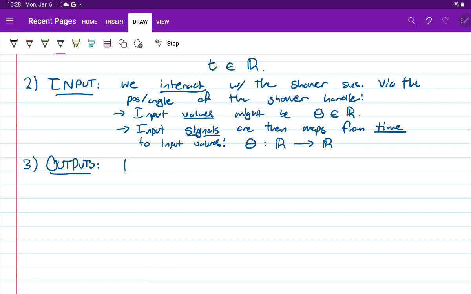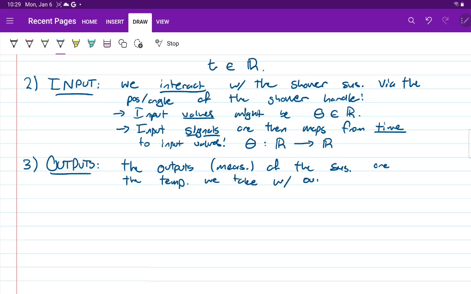All right, so the outputs, aka measurements of the system, are the temperatures we take with our hand, right?